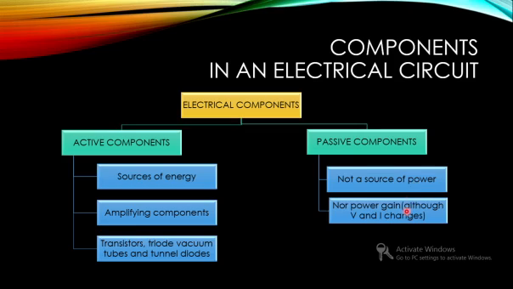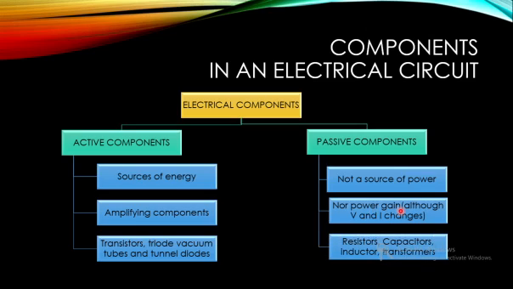They may be changing the voltage and current, but they won't be generating power as such, so there is no power gain. The components are resistors, capacitors, inductors and transformers, which can control the amount of voltage or current passing through them, that's all.